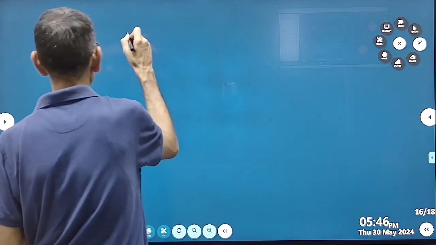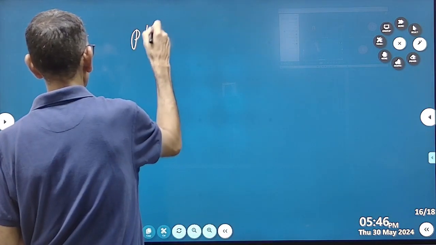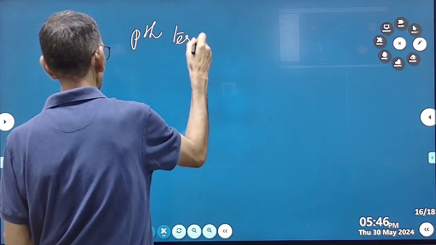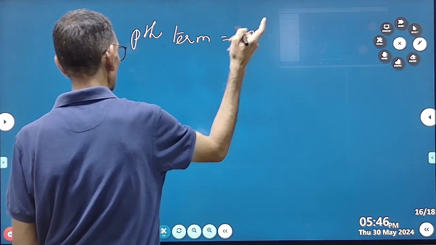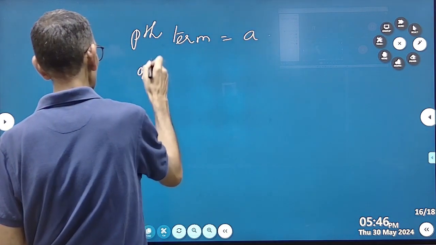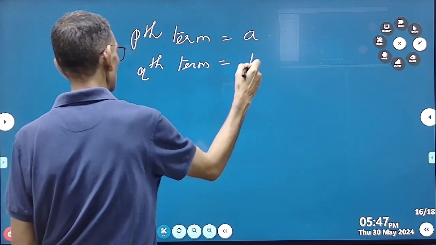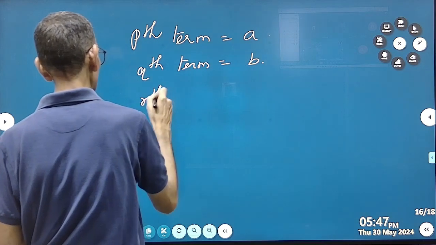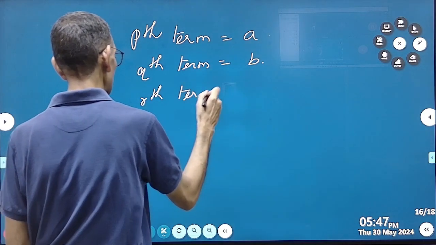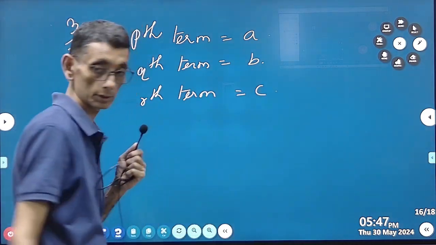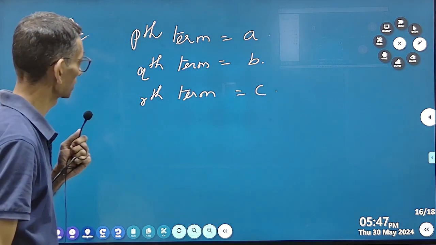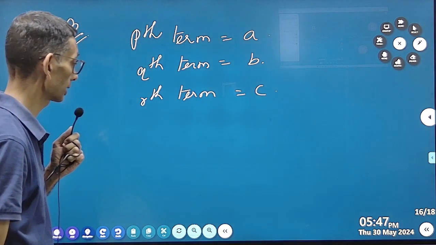Okay, so the pth term is said to be a, and the qth term is said to be b, and the rth term is said to be c. So the pth term is a, the qth term is b, the rth term is c.